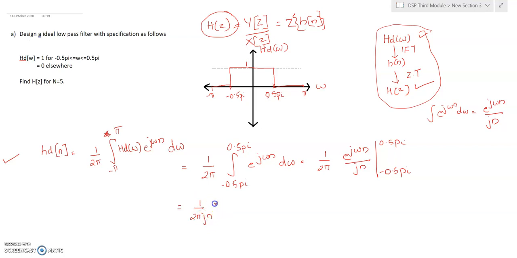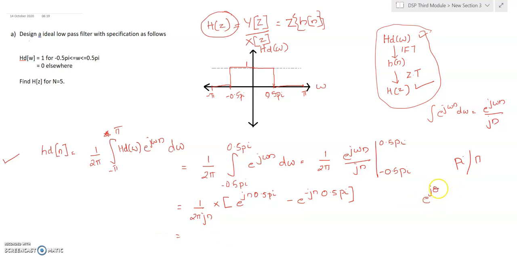The jn is taken common, so we can write it as e raised to jn 0.5 pi minus e raised to minus jn 0.5 pi. You can use this pi or this pi for your equation, not an issue, but eventually you should get it correct.